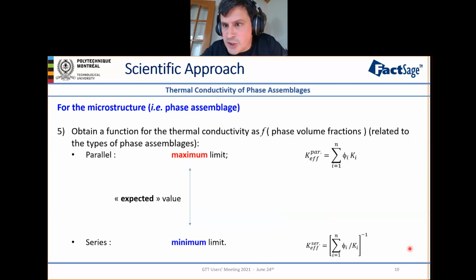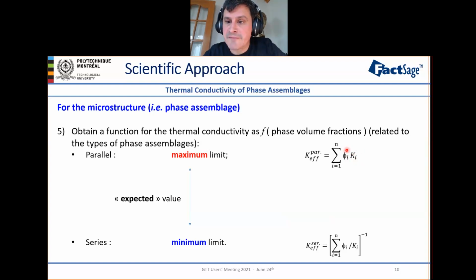The fifth function is basically the model for the microstructure in terms of the volumetric fractions of the different phases. So we have two absolute limits. The parallel type of microstructure will give you the maximum thermal conductivity limit of the phase assemblage, given you have several phases N with a volumetric fraction Phi with different thermal conductivities as computed with the previous function for every phase.